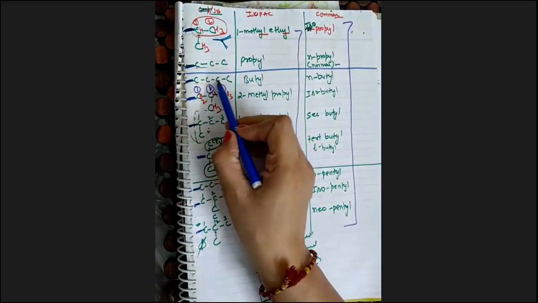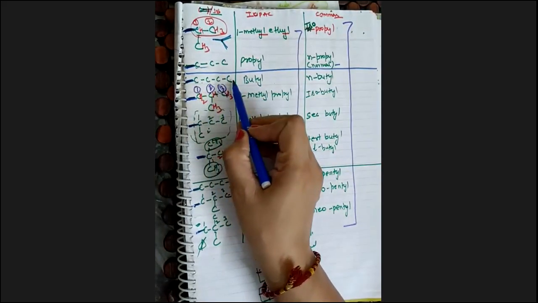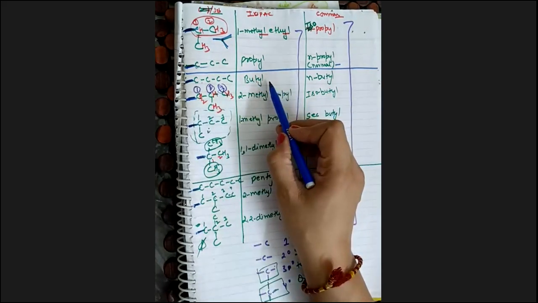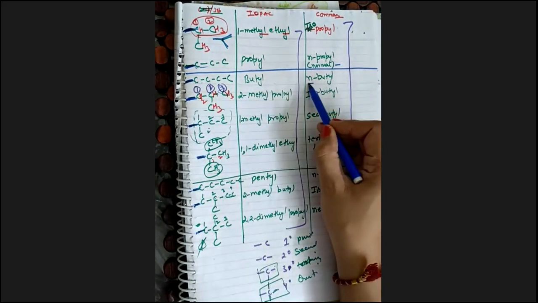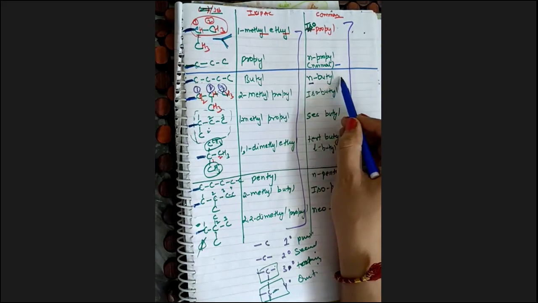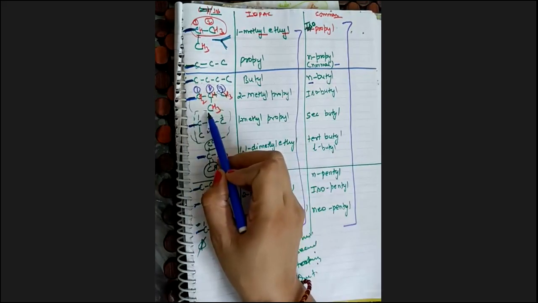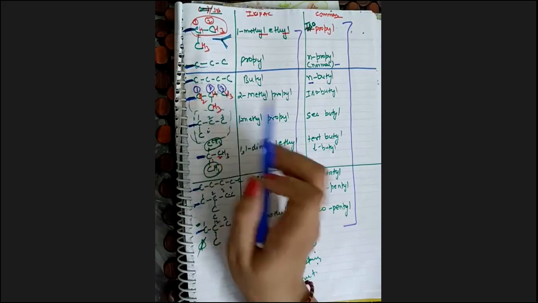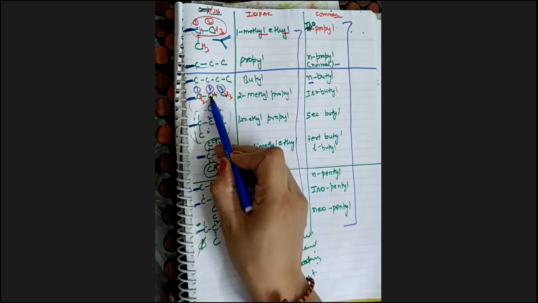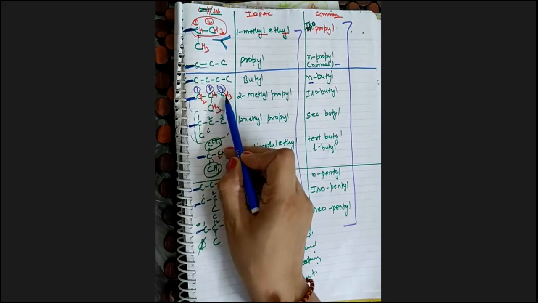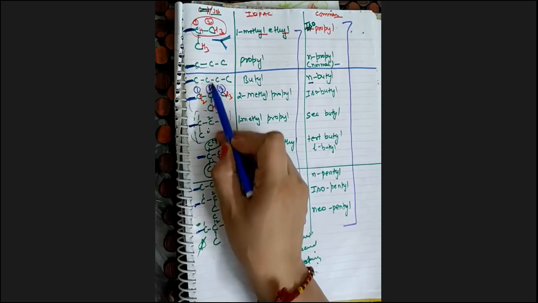Let's just move to butyl. When we have carbon arranged in a sequence, at that time this is known as butyl. And since this is a normal arrangement, this is N-butyl. Now I have changed the positions of carbon. We have 4 carbons, but a different arrangement. See, this center carbon is surrounded by 1, 2, 3 carbons here, but this place is vacant.